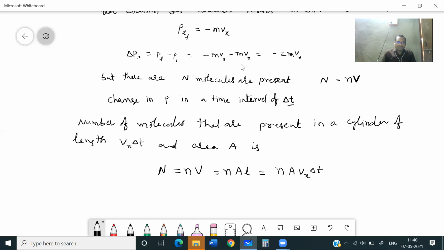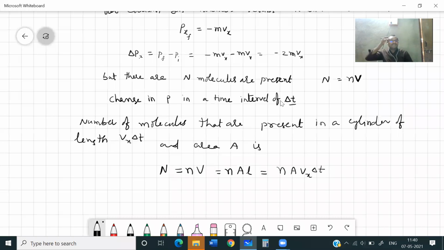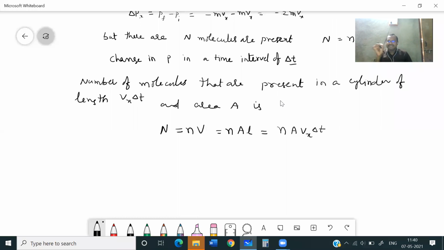Okay. Now, total change in momentum of gas molecules. Now, see in this gas, this many molecules are present, no? N, A, Vx into dt are present. But in this, they are moving along x-axis we have discussed. But in this, we don't know whether all are moving along x-axis or some are moving in negative x-axis also, we can imagine.